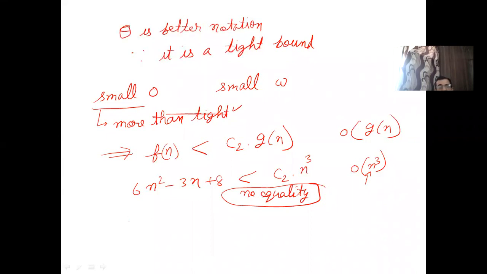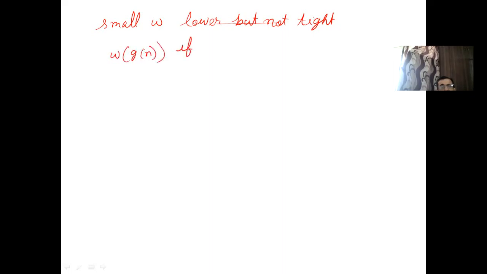Similarly, when I say small omega, small omega means not tight but lower bound. So lower bound but not tight means equality will not be still there, meaning that my omega of Gn will be possible as a correct answer if and only if I am able to have C1 into Gn to be less than Fn.